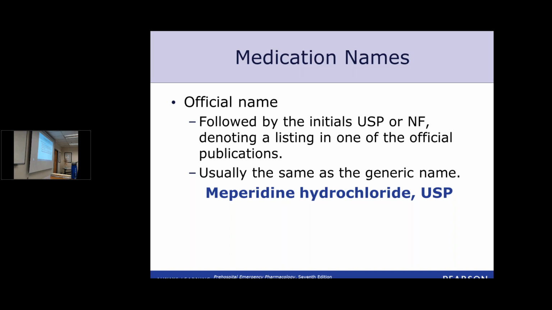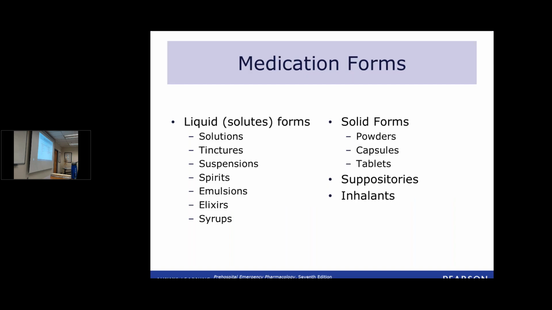The other three play a part as well. Usually the official name and the generic name go hand in hand in terms of wherever the drug is. The suffix here, the USP, is the fact that it's the official name that goes in the little log.